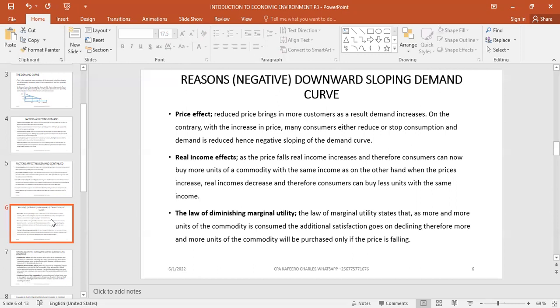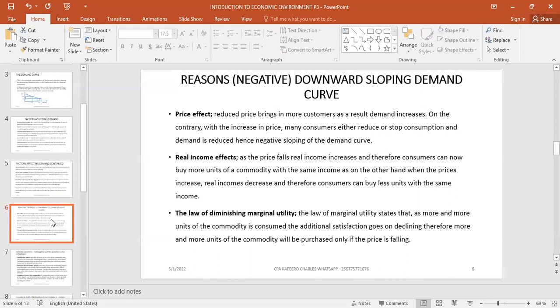The law of diminishing marginal utility states that as more and more units of a commodity are consumed, the additional satisfaction goes on decreasing, therefore more units of the commodity will be purchased only if the price is falling.